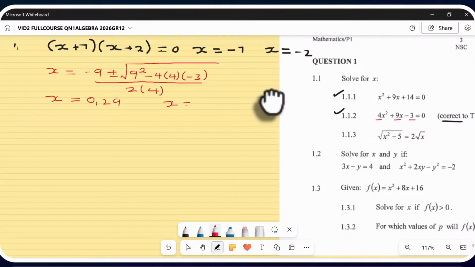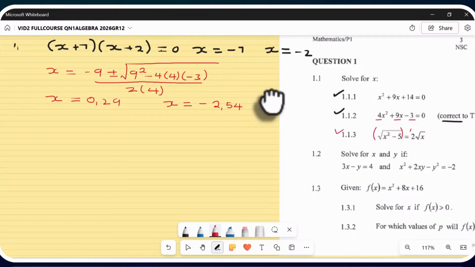This is for the roots now. Fortunately here, we're just going to square both sides, right, guys? Because we have the root on one side of the equation. So if I square here, I'm going to get x squared minus 5. What about that side? I'm going to get 4 times x.